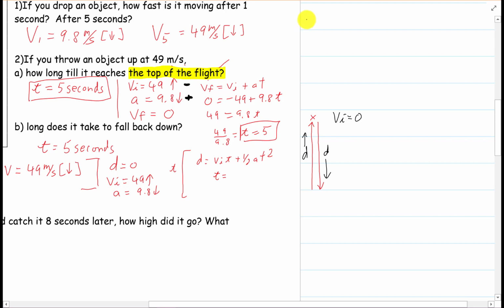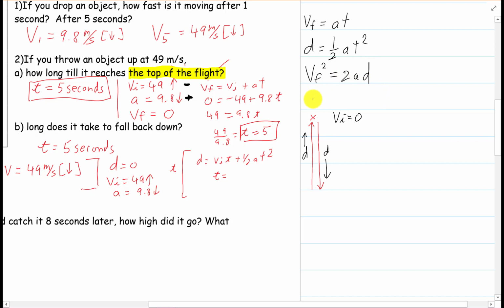If we take a look at all our formulas, we have VF is equal to AT, the VI disappears. We have D equals 1 half AT squared, and then the other one is VF squared equals 2AD.